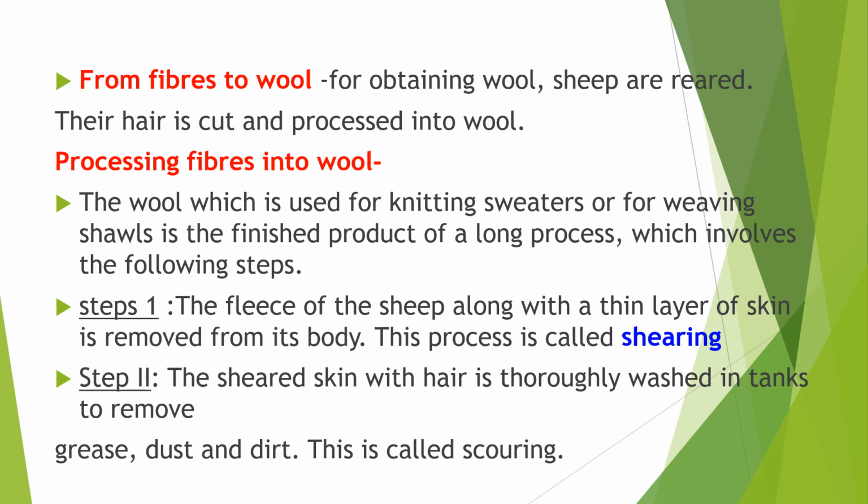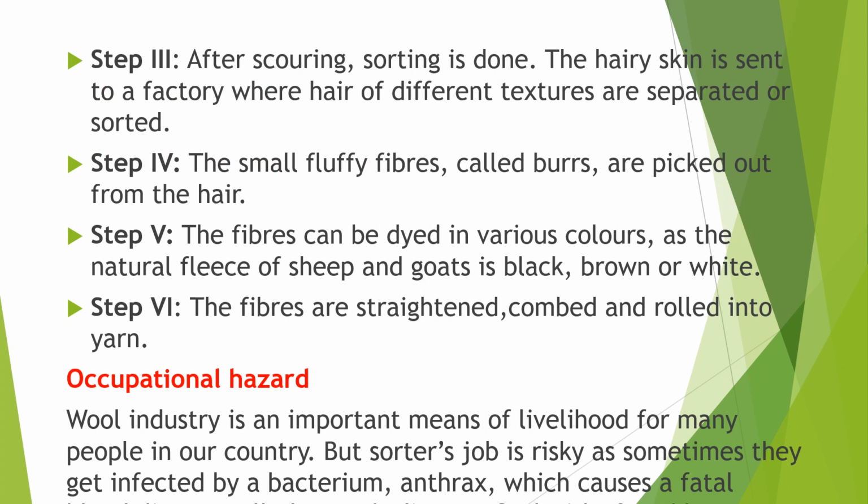So the first step is shearing, second is scouring, third step is sorting, where different textures of the wool are separated. Fourth step is the removal of burrs. The fluffy burrs are removed.